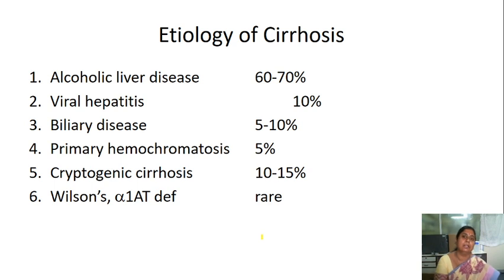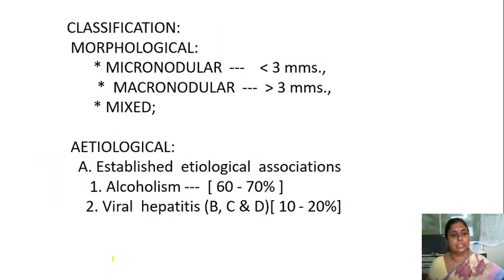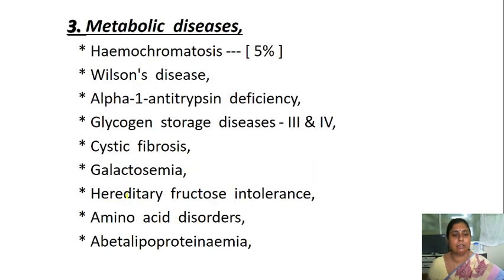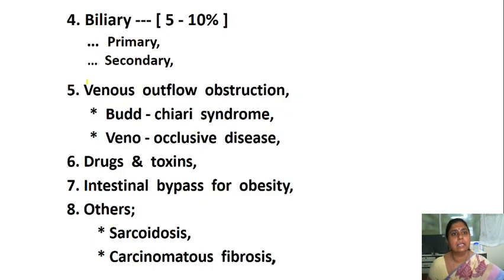Then we have, at 10% each, viral hepatitis and biliary disease causing cirrhosis, and metabolic disorders also causing cirrhosis, right? And then we have a morphological classification of cirrhosis, that is micronodular and macronodular. Usually alcoholic cirrhosis is micronodular, whereas others are macronodular and mixed. So the etiology is alcoholism, viral hepatitis, metabolic diseases and biliary diseases. The others are not very common in our setting.